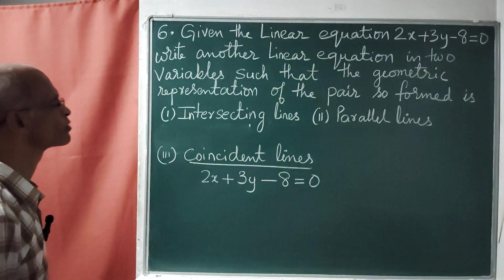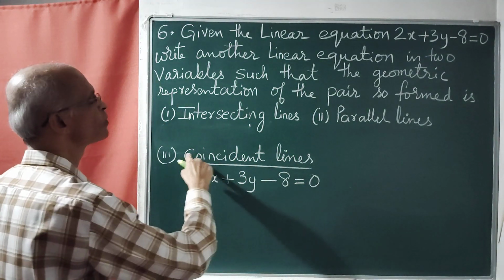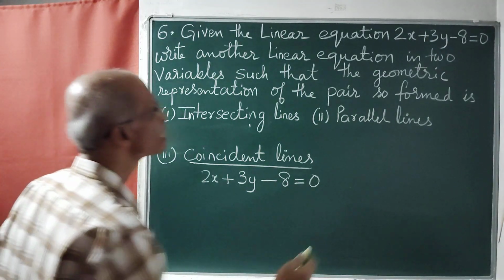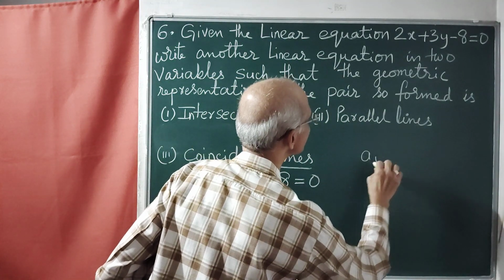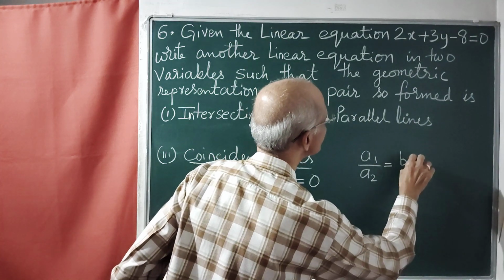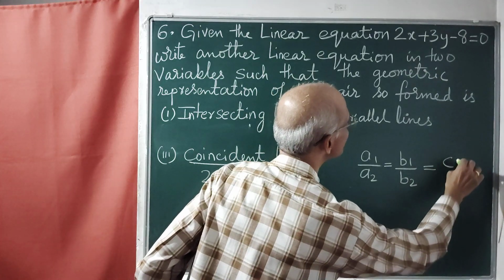Now we have to write one more equation so that this condition is satisfied. For this condition, the ratios have to be like this: A1 by A2 should be equal to B1 by B2 should be equal to C1 by C2.